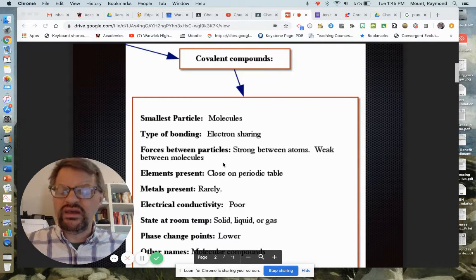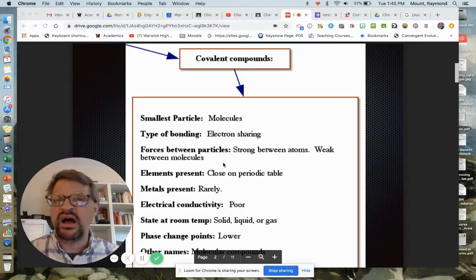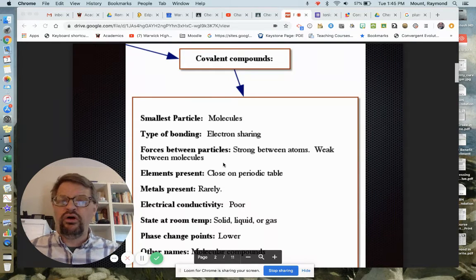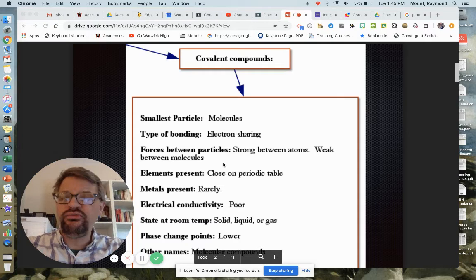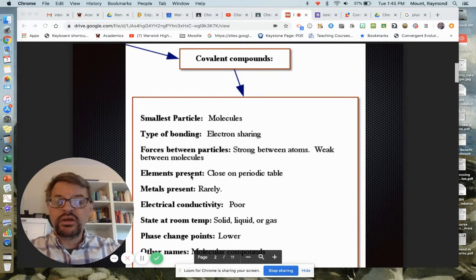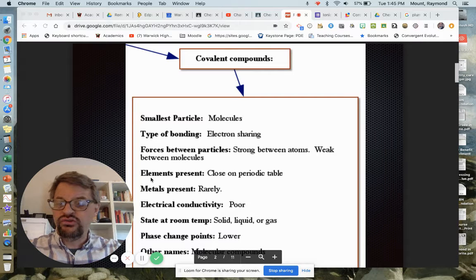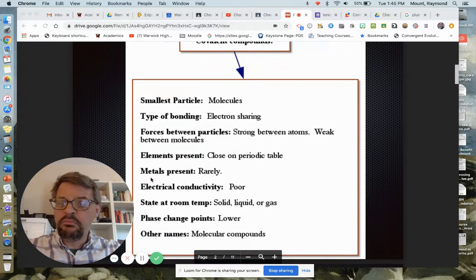Ionic things like salt have an extremely high melting point. Table salt will melt at literally thousands of degrees Celsius. Many molecules will melt at only a few hundred degrees or even lower than that. The elements in a molecule usually are nonmetals. Metals are rarely present in molecules.